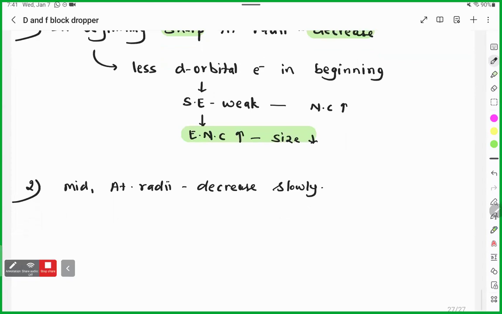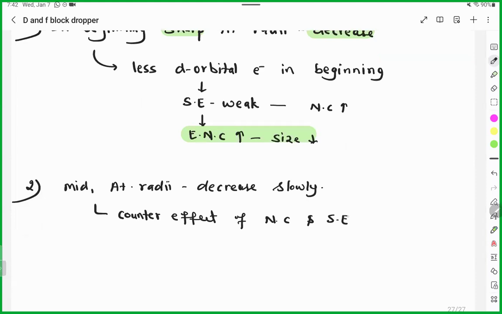In this case, there will be a counter effect of nuclear charge as well as shielding effect. It means both will counter each other. If both are almost the same, then there is not much difference in the size. Understood? Why is it the same? Because now there are more electrons to shield. For example, in the case of manganese, in the d orbital itself you have 5 electrons. These 5 electrons will shield further electrons.